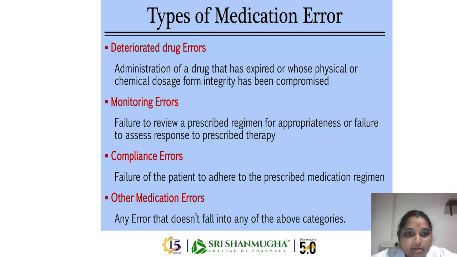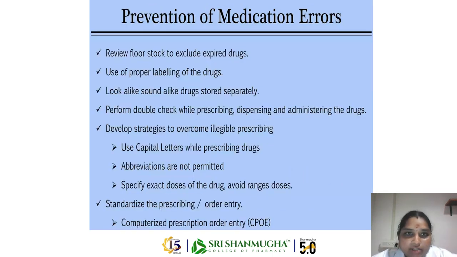Next, compliance error: failure of the patient to adhere to the prescribed medications. The pharmacist or physician has already prescribed a medicine, but the patient has not adhered to the prescribed medication, not obeyed to take the medications. Other medication errors: anything that does not fall into the above categories is known as other medication error.